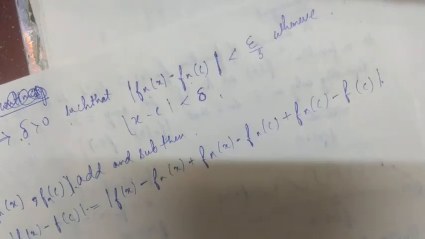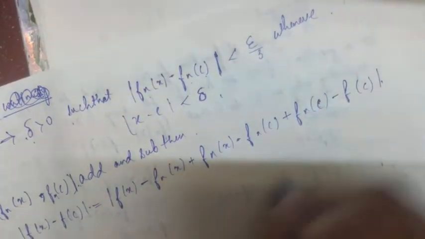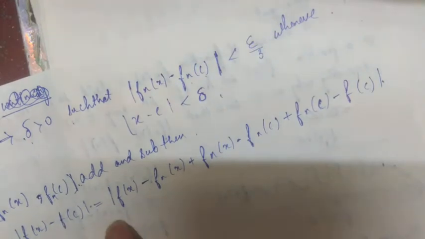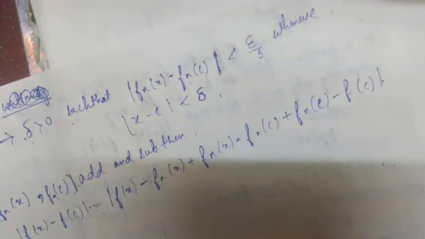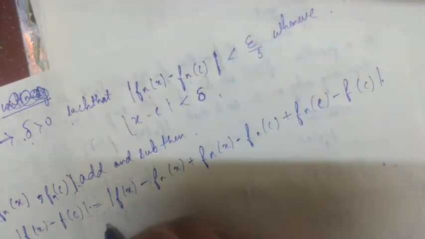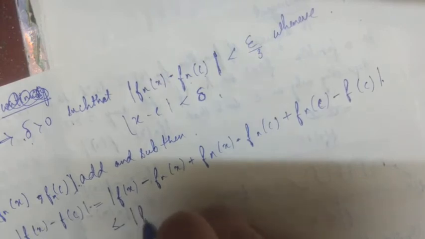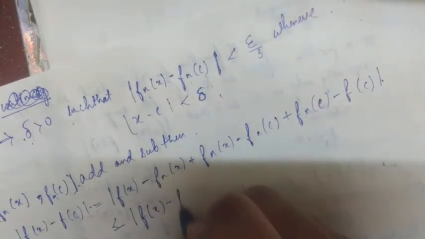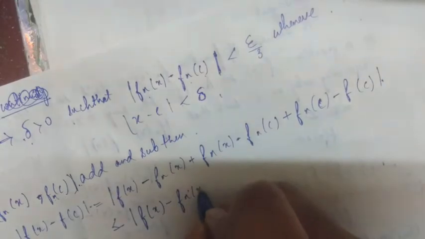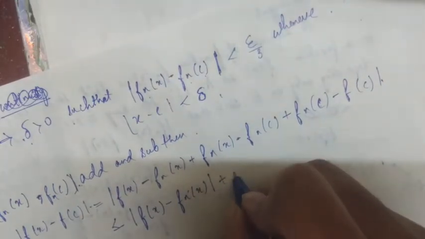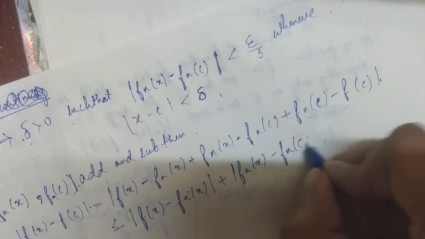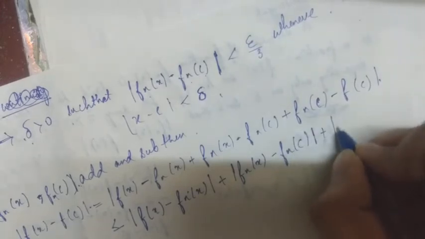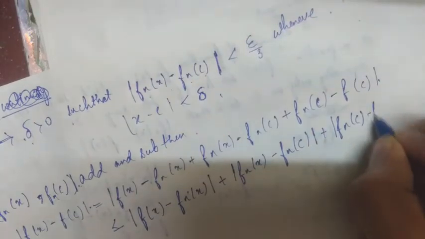Now we can see that we are just adding and subtracting fn of x and fn of c here. So we get the inequality: mod f of x minus fn of x, plus mod fn of x minus fn of c, plus mod fn of c minus f of c.